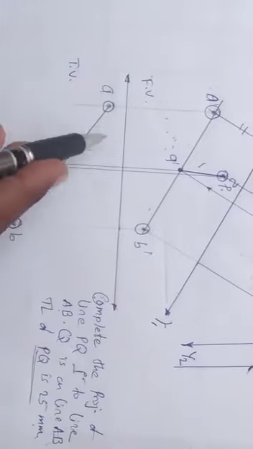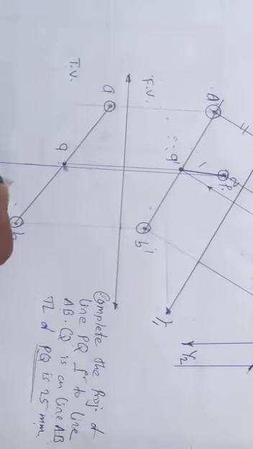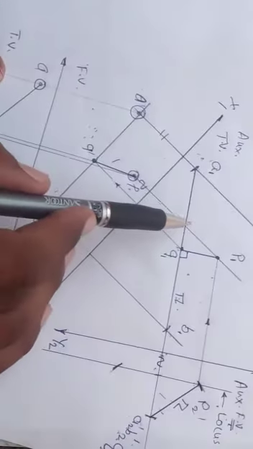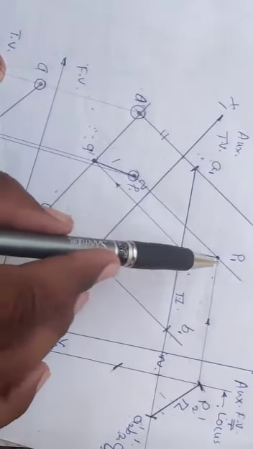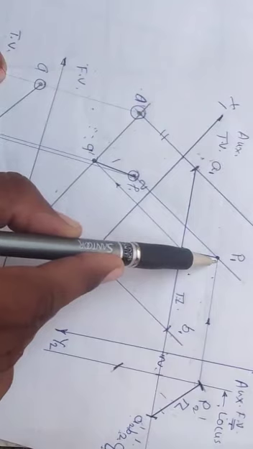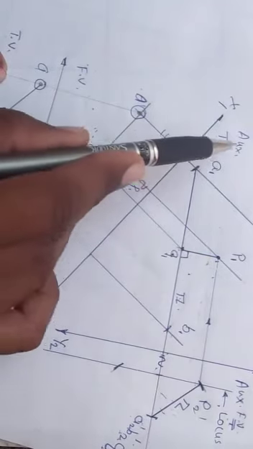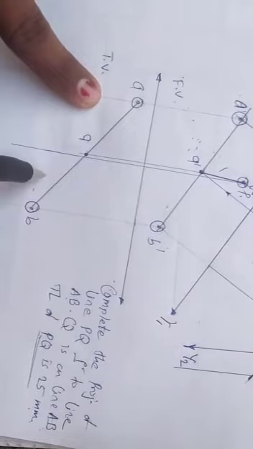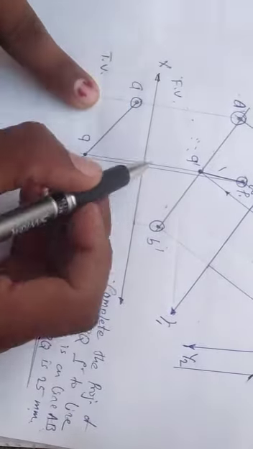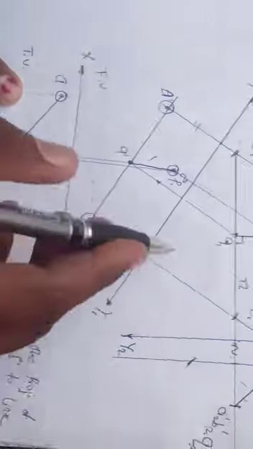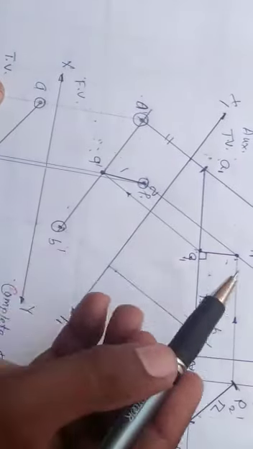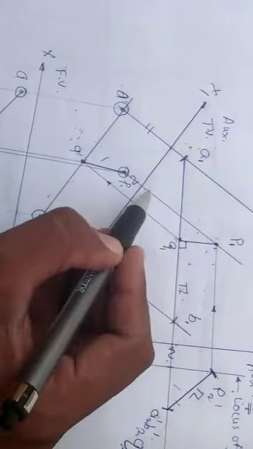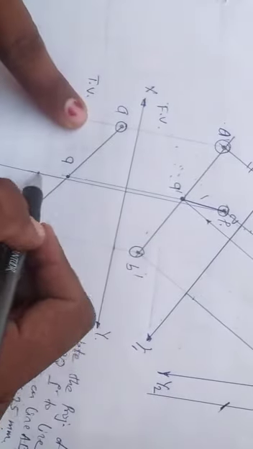Now where do we locate point P in the top view actually? See, do we have any other top view? Yes, we have the auxiliary top view. Here in that top view we have a point P. This point P from the auxiliary top view we will transfer into this top view. This is our regular XY and this is x1 y1. So measure the distance of point P from x1 y1 and locate it from xy.